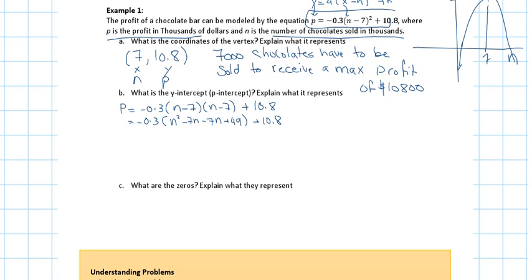Then what do I do after that? Group the like terms. Where did the 49 come from? Negative 7 times negative 7 is 49. Okay? Group the like terms.